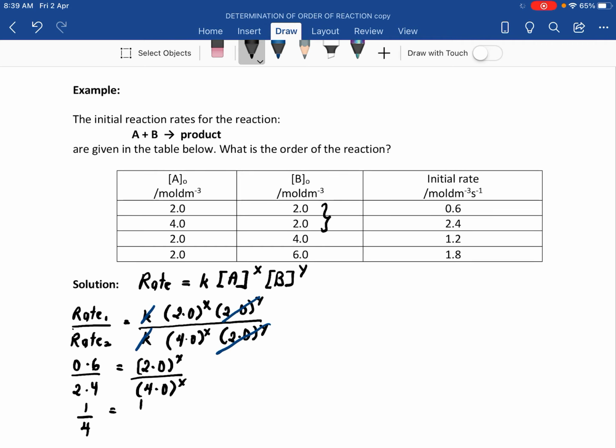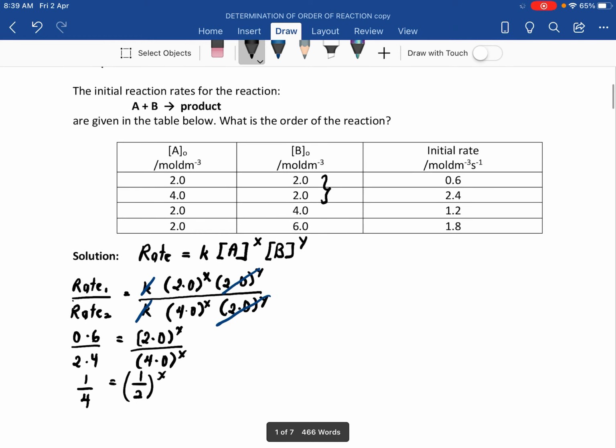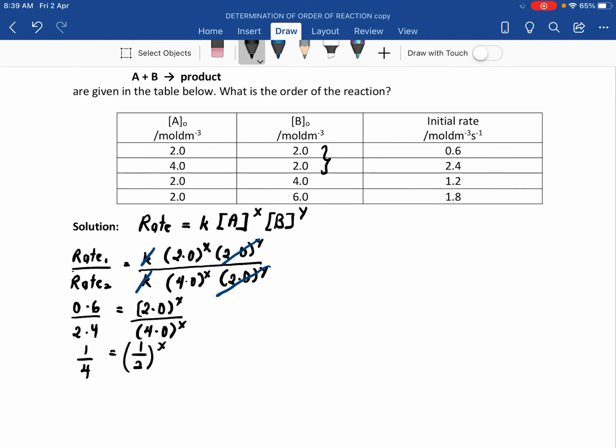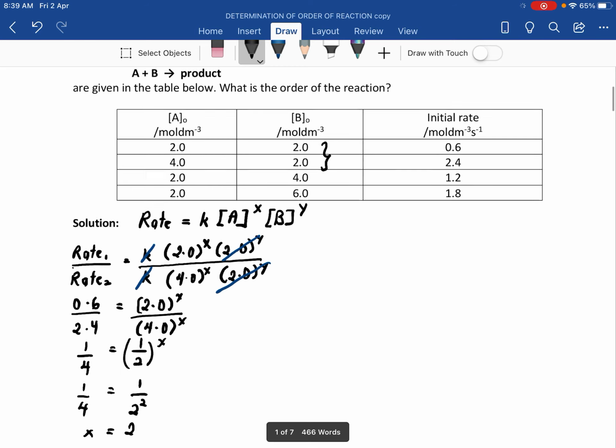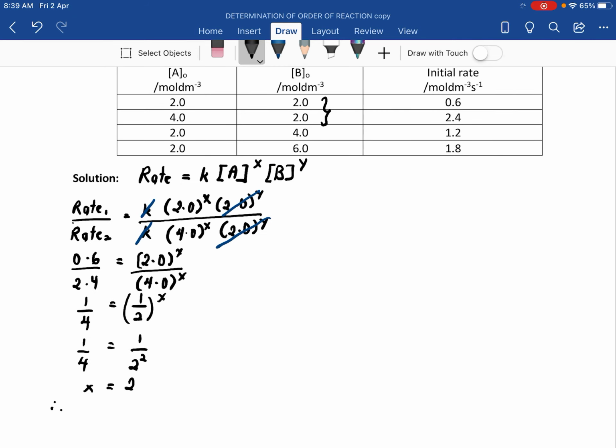The other side gives 1 over 2 to the power of x. So x is 2, which means it is second order with respect to A.